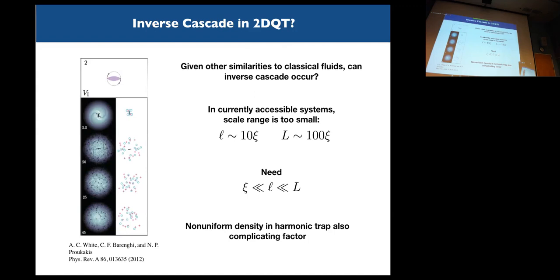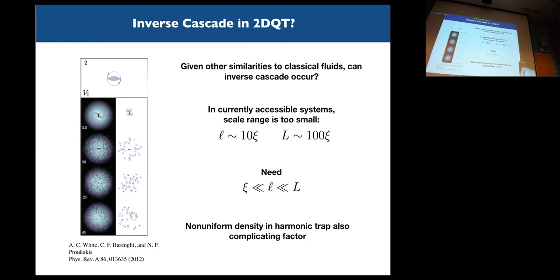One of the earliest examples was this paper by Angela White and Carlo Barenghi, where they looked at what happens if you continuously force an atomic condensate with some kind of stirring potentials, and they were looking for aggregation of same-sign quantized vortices associated with this inverse energy cascade.